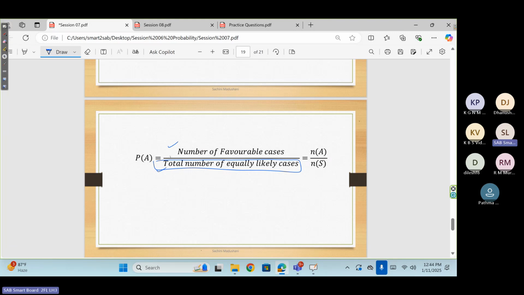It's clear? The numerator represents the number of favorable cases. Rolling a dice, the total sample points are 6. 3 even numbers are there. Then we can say getting an even number, probability is 3 over 6. It's clear?